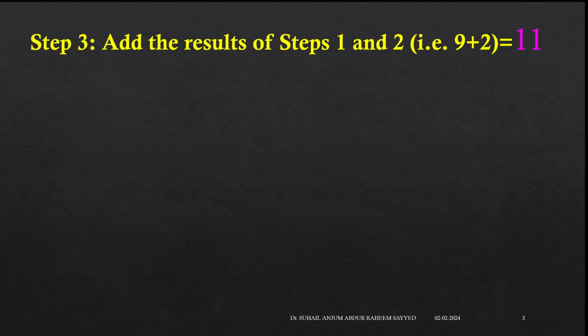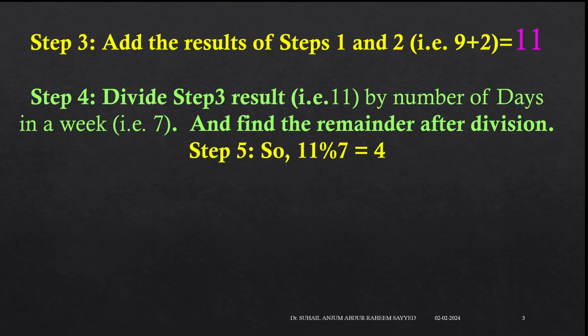Now add the results of step 1 and step 2. So it will be 9 plus 2, that is 11. Then we have to divide the result of step 3, that is 11, by the number of days in a week, that is 7, and find the remainder.